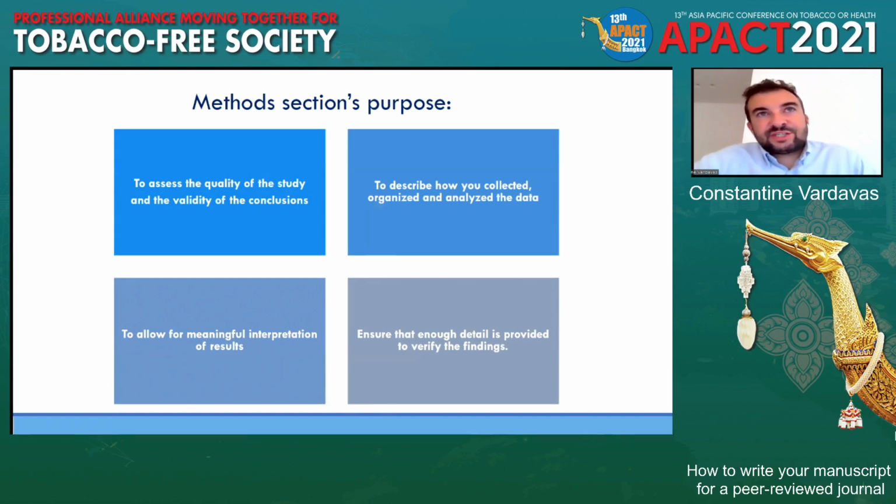Why a method section should be detailed enough is that if a method section is detailed enough, a colleague should be able to read your methods and reproduce the study. So by reading the method section of your manuscript, one should be able to redo the same type of research. So you must have all the detail there that's needed for someone to redo your study.